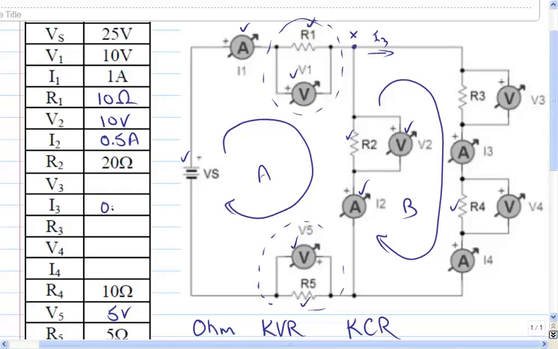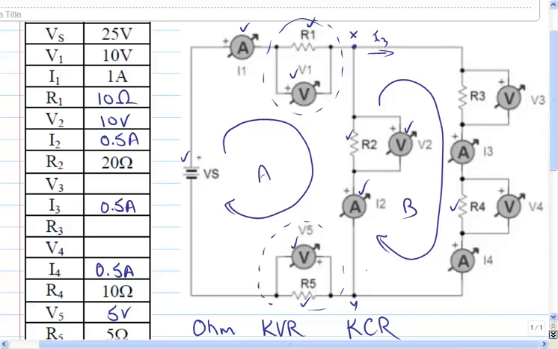And if I3 is 0.5 amps, I4 is also 0.5 amps, because it's a series circuit, so that current is going to be the same. So I've gotten I3 and I4. And if I wanted to look at this node Y, I've got 1 amp coming out of there. I have to have 0.5 and 0.5 going in, so I could solve that as well that way.